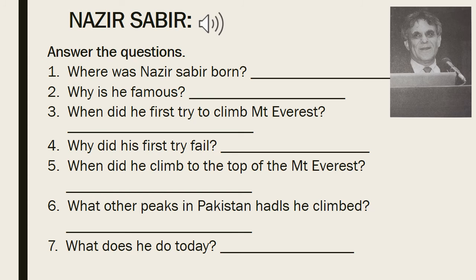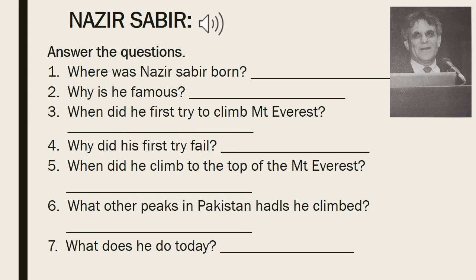Nazir Sabir was born in Ramanji in Upper Hunza. Ramanji is a place in the northern part, situated in the upper side of the Hunza, which is in Gilgit. So he was born there, and he was the first to climb Mount Everest.